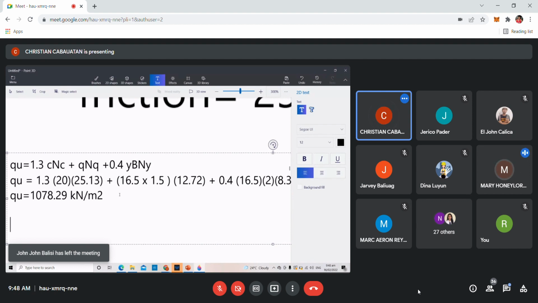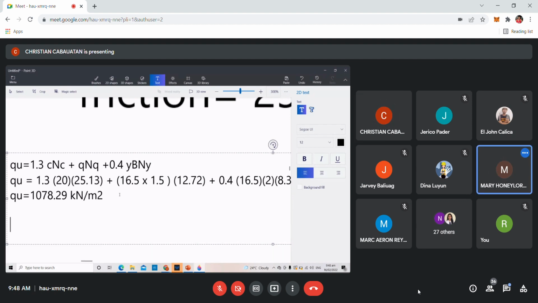Allowable gross po ang hinahanap. Okay. So, tama yung sinabi ni Engineer Kabawatan.